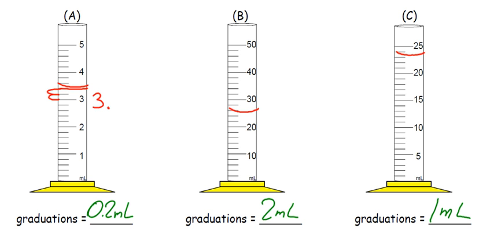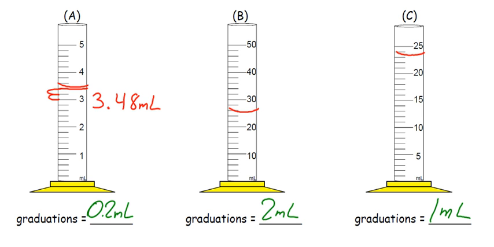Remember, in a graduated cylinder or any cylindrical object, there's going to be a natural curvature with water and other solutions, so you always want to measure the bottom of the meniscus. In this case, it's 3.2, 3.4, and it's not quite 3.6. It's not even 3.5, not really right in the middle either. It's just below it, so it's probably 3.48.